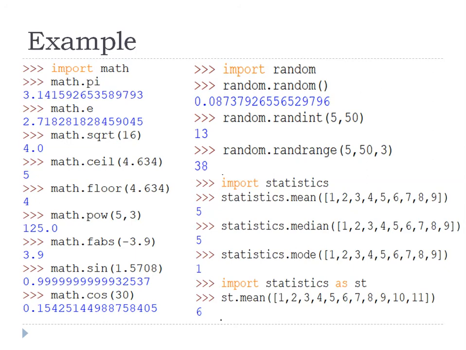If you are working with interface designing, there are different modules to be used. If you are working with game designing, there are different modules to be used. If you are working with graph generation, pie chart and bar chart like this, then there are different modules. So you name the problem domain and Python has the required modules related to your problem domain. That's why this Python language is being preferred so much.